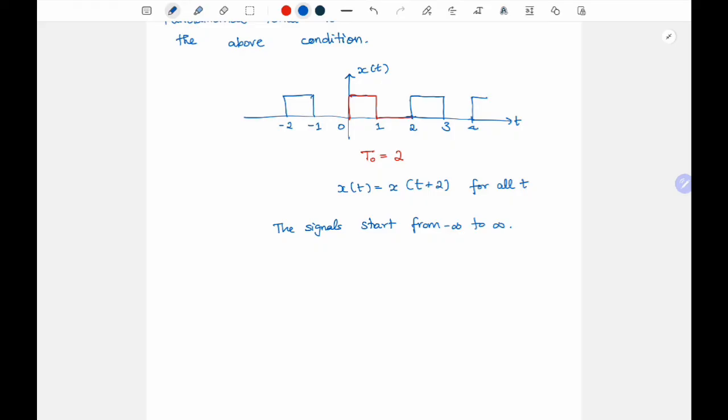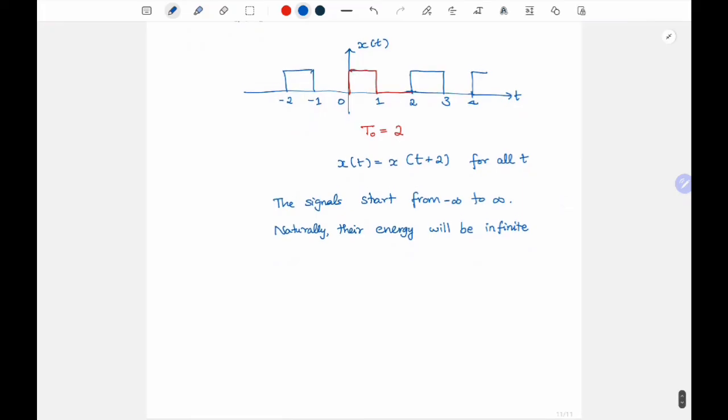So they have a huge range, and hence naturally their energy will be infinite, and we can calculate power, right?